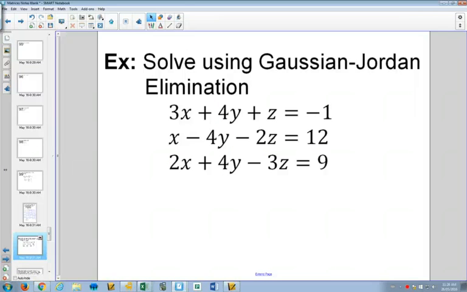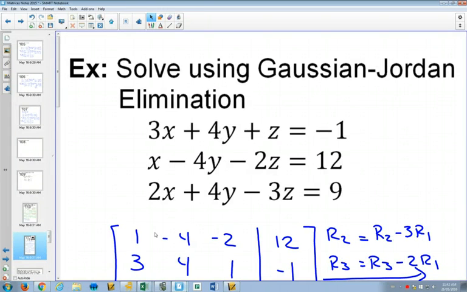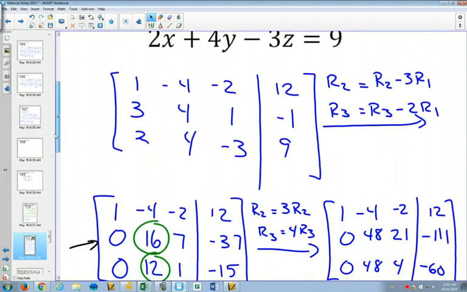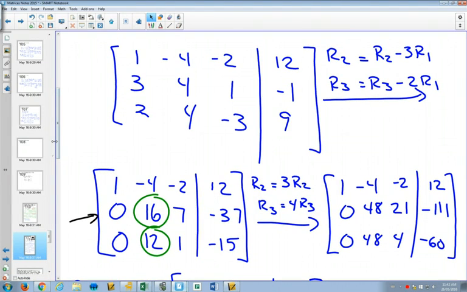But here's one for you to try. Okay, where I see people having troubles, I see most of you were able to get the zeros in the top corner, and then you were having troubles with that 16 and that 12. So one thing you could do to make those troubles go away is, is there a way that I can make those numbers the same?